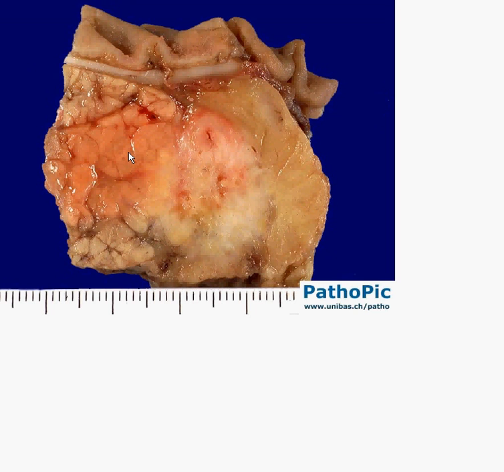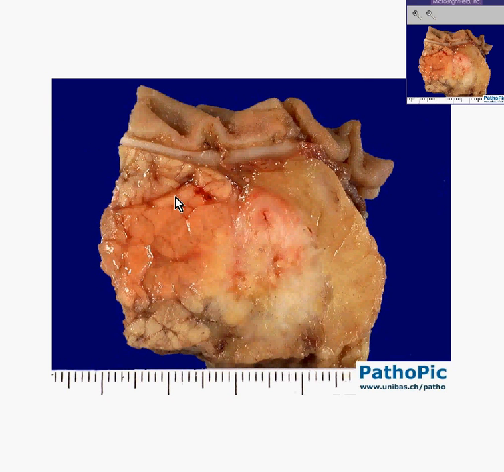Let's take a look at the head of the pancreas in this case, in which we could see that out here you have sort of a lobular configuration like you should see in the pancreas. All of this is generally lobular out here, but this part here is not lobular.